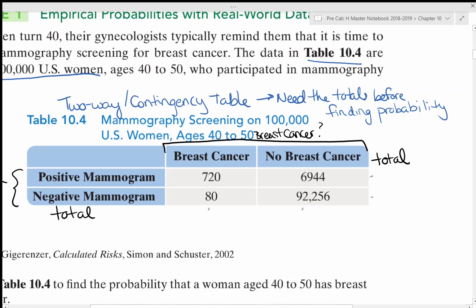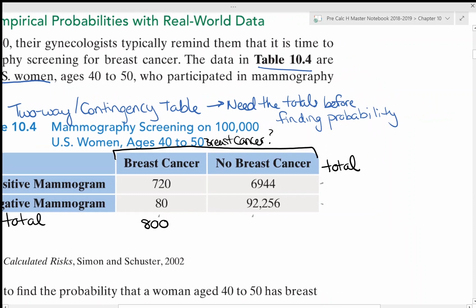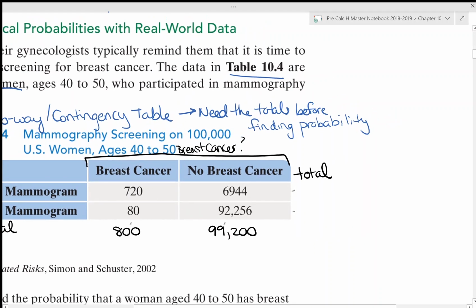How many people in all had breast cancer, whether positive or negative? That adds up to 800. How many did not have breast cancer? When I add all this up, I get 99,200. For positive, I got 7,664, and for negative, I got 92,000.